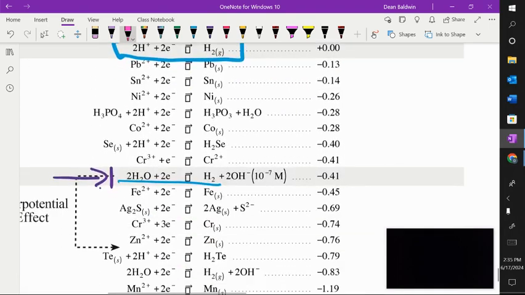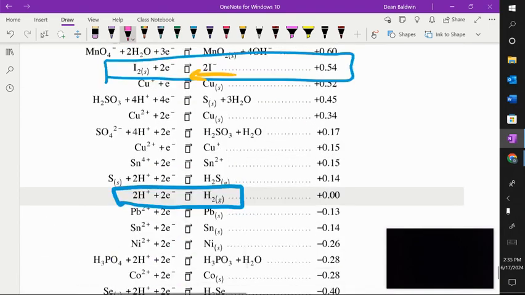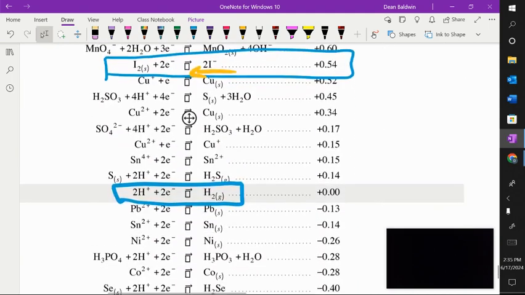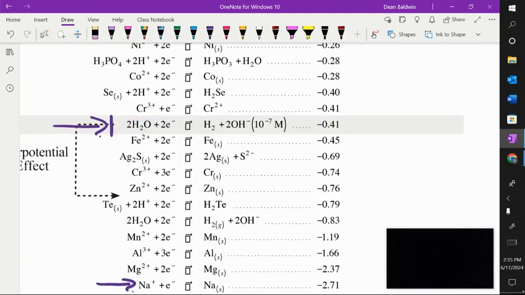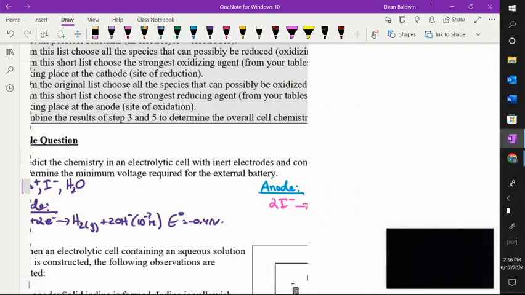You can't use these ones because this is it being oxidized, losing electrons, reading it that way, right? Water being reduced is down here. It's picking up electrons. When would that one? That is the cathode reaction in this reaction, because you're looking for what's happening at the cathode.